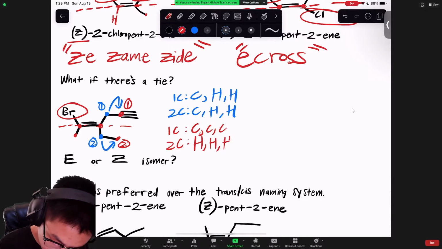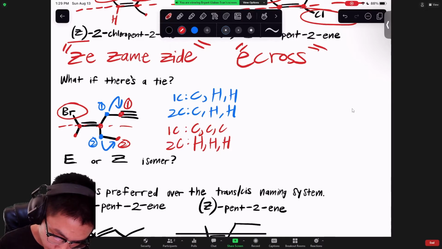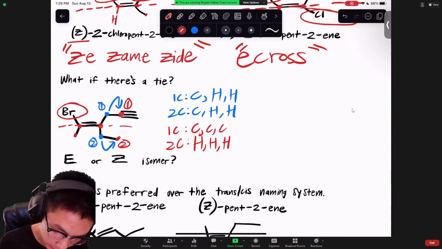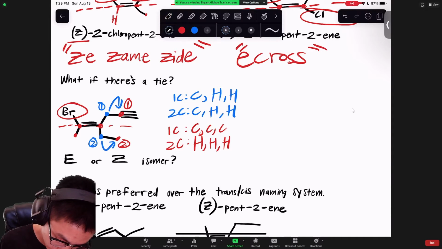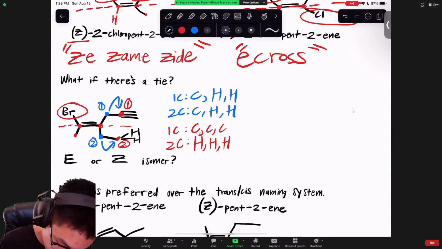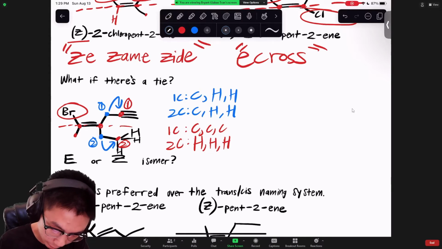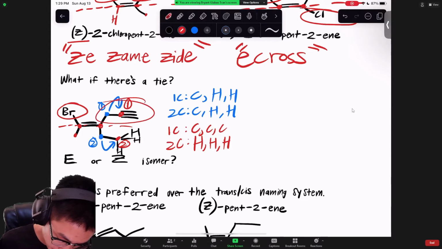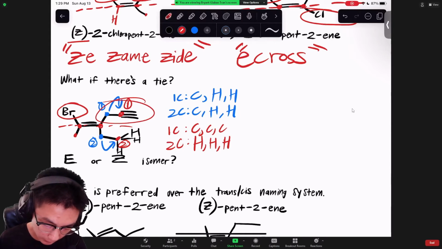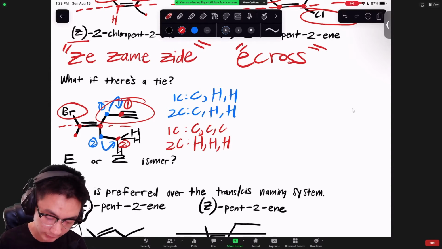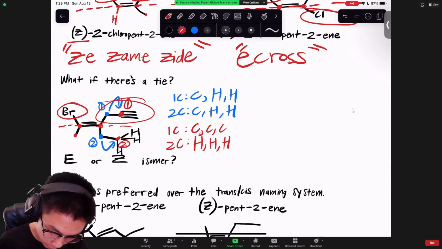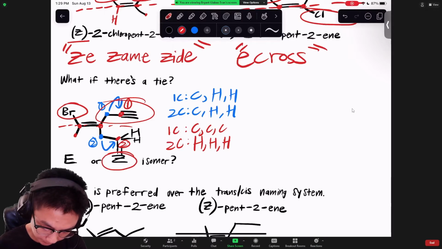We do not count the previous atom that's attached to the thing we're comparing from. We only count the other groups, which we see here. The second carbon has three hydrogens. We see that the first carbon has a higher priority group, so this whole group right here has a higher priority. We see that the two highest priority groups are on the same side of the cut that we made, which makes this a Z isomer.